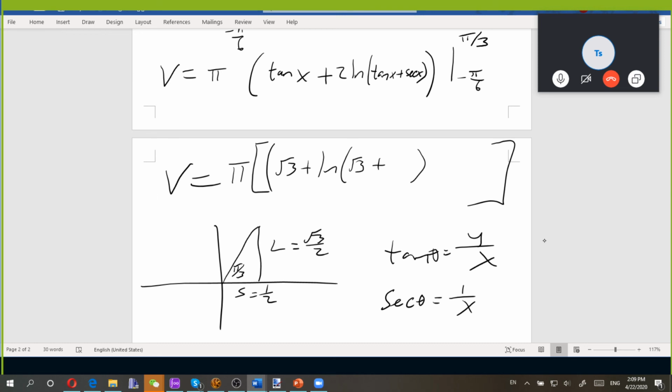Okay, what is 1 divided by 1/2? Isn't it just like 1 over 2? This is 1 over 1 over 2.